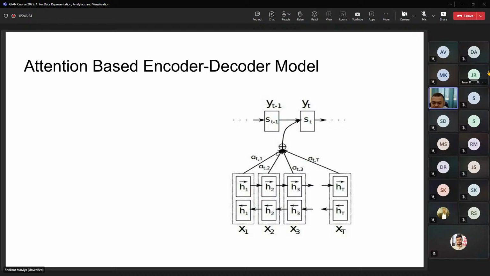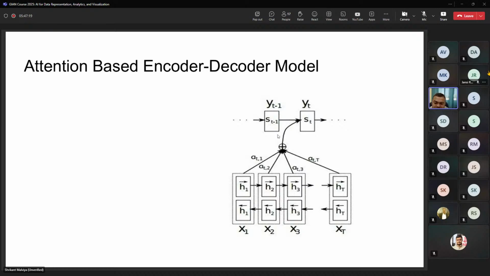Okay, so this will attend each and every input, and how much it will attend is estimated by these probabilities, and these probabilities are nothing but the softmax of the dot product of the previous output, which works as a query vector.